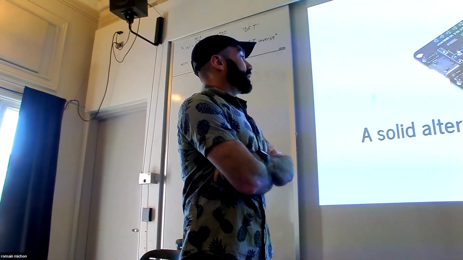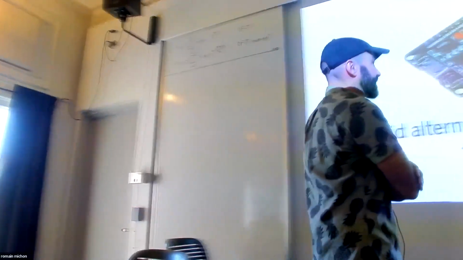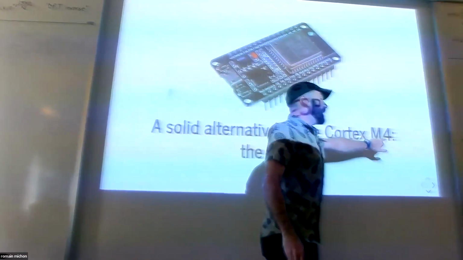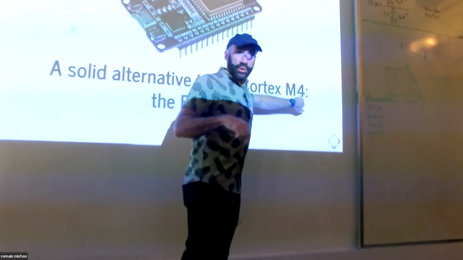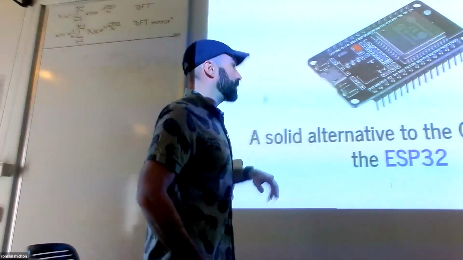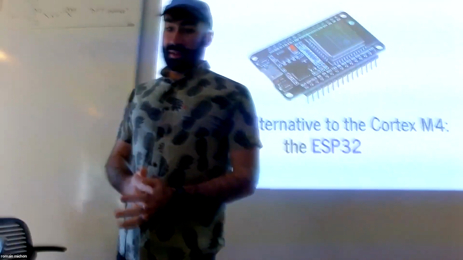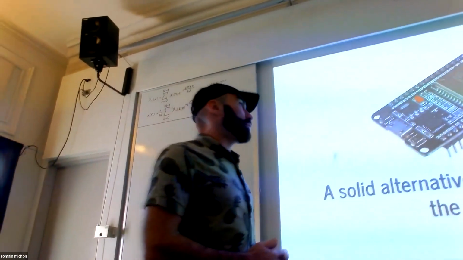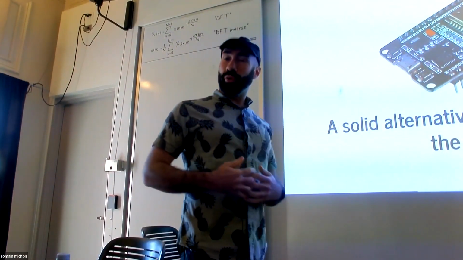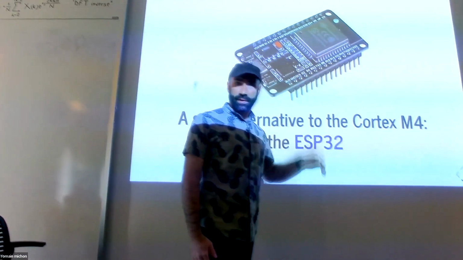Anyway, so an alternative to the Cortex M4, and there is also the M7 now. Like the Teensy 4.0 is actually based on an M7. I'll talk a little bit more about this, but an alternative is the ESP32. And so those of you who are doing already art installations or things like this probably heard about the ESP32.